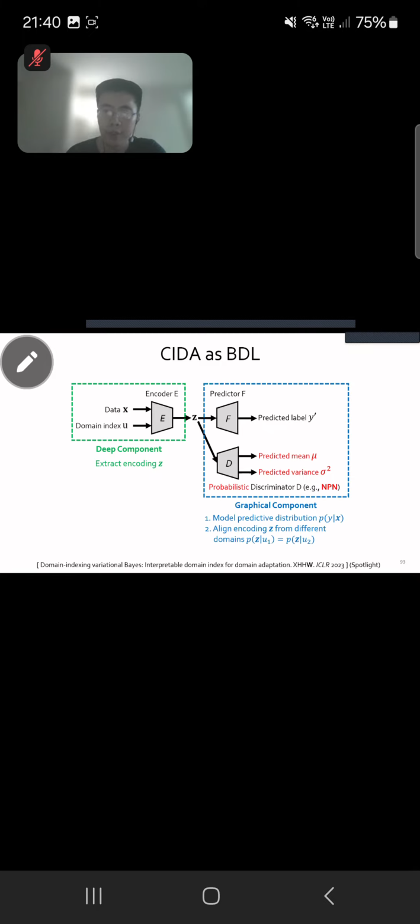Specifically, the encoder can be treated as a deep component that extracts the encoding Z, and the predictor and discriminator can be thought of as a graphical component that models the predicted distribution and aligns the encoder Z distribution from different domains. In terms of theoretical analysis, we can show that after CIDA converges, we can match the expectation and variance of the domain index across different domains.